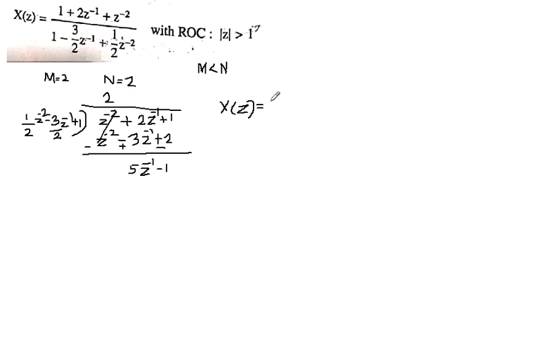So this x of z can be written as 2 plus, now our new numerator becomes 5 into z raised to minus 1 minus 1, divided by 1 minus 3 by 2 into z raised to minus 1 plus 1 by 2 into z raised to minus 2.